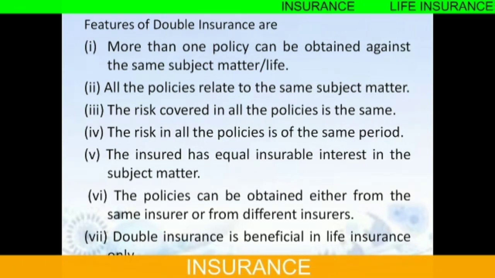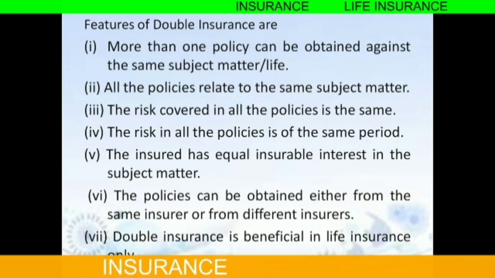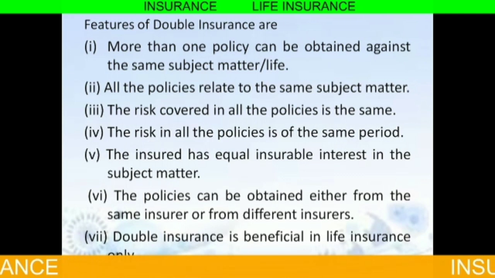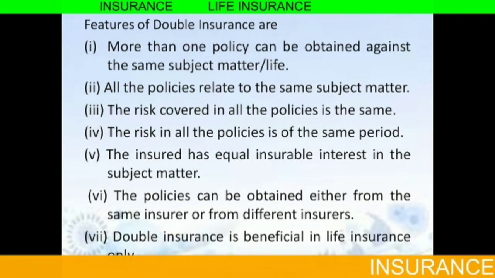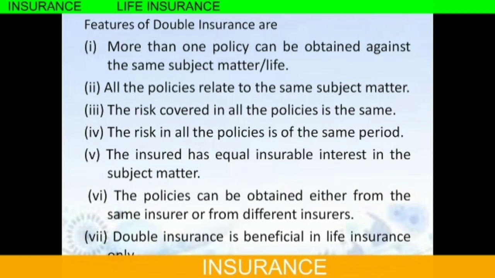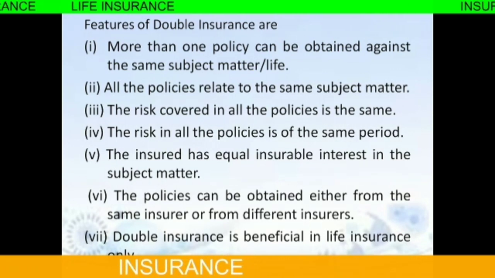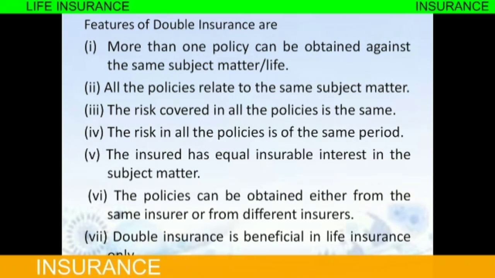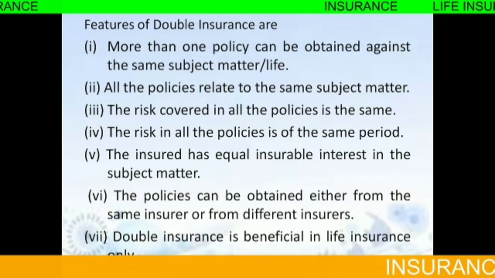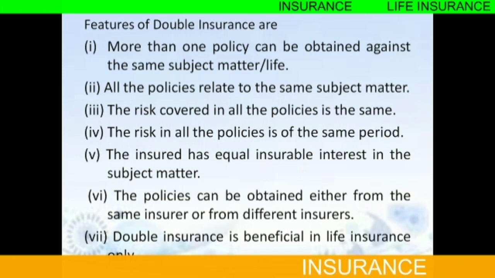The insured has equal insurable interest in the subject matter. The policies can be obtained either from the same insurer or from different insurers. And double insurance is beneficial in life insurance only. So that is another characteristic of double insurance.